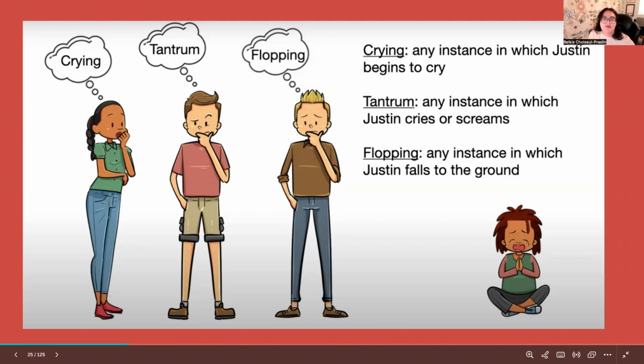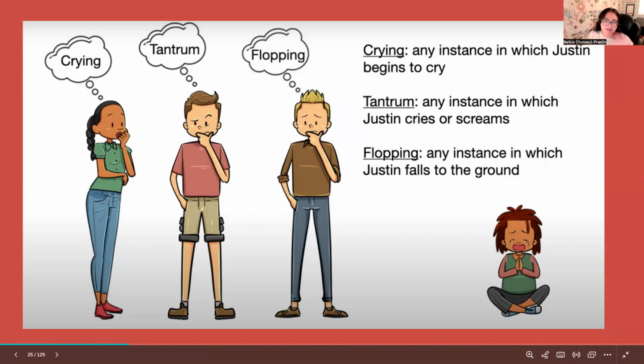Let's look at this example for a student Justin, who has been observed to cry, tantrum, and flop as it's been defined. So crying in this instance has been defined as any case in which Justin begins to cry. And tantrum is any case in which Justin cries or screams. And then flopping is any instance in which Justin falls to the ground.